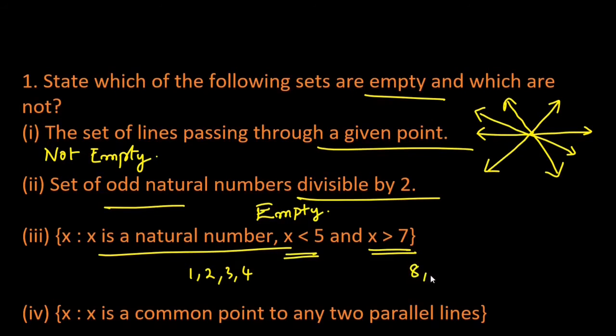That is 8, 9, 10, etc. So we want a number satisfying both these conditions. So there is no such number satisfying both these conditions. So it is an empty set. Empty set.